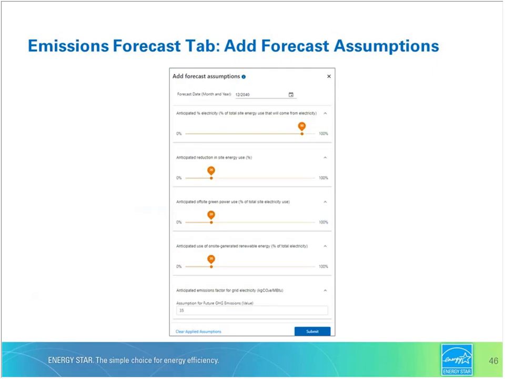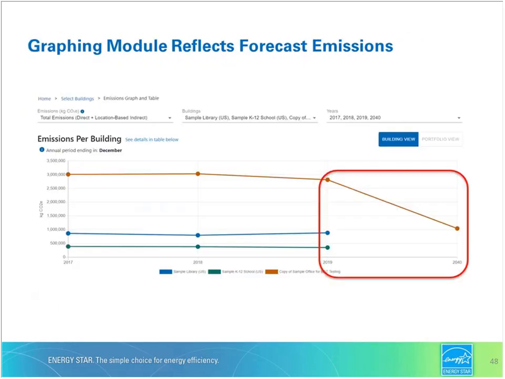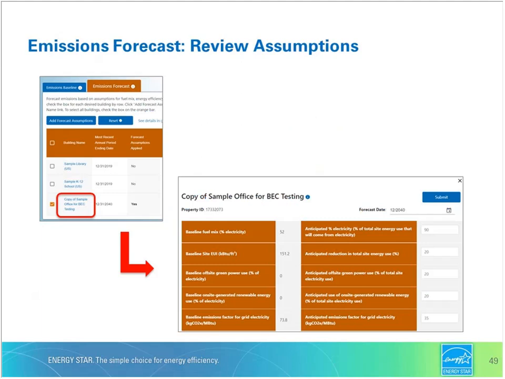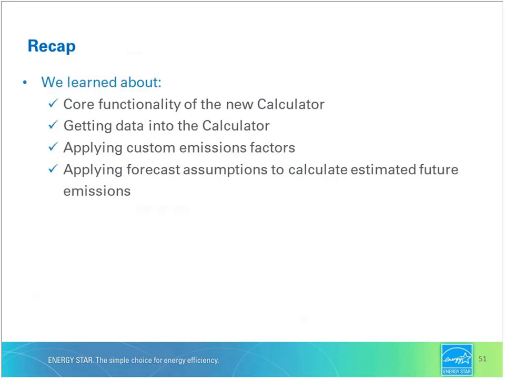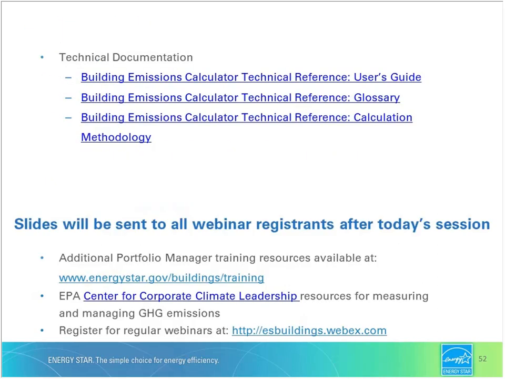Even though we were live on my screen walking through the building emissions calculator, all of those major steps are captured in screenshots here to help remind you of how we walked through the tool. Hopefully that will be useful. You should get these slides as a follow-up to today's session, either later this afternoon or tomorrow morning. And of course, there's also extensive documentation in our user guide and technical reference documents.